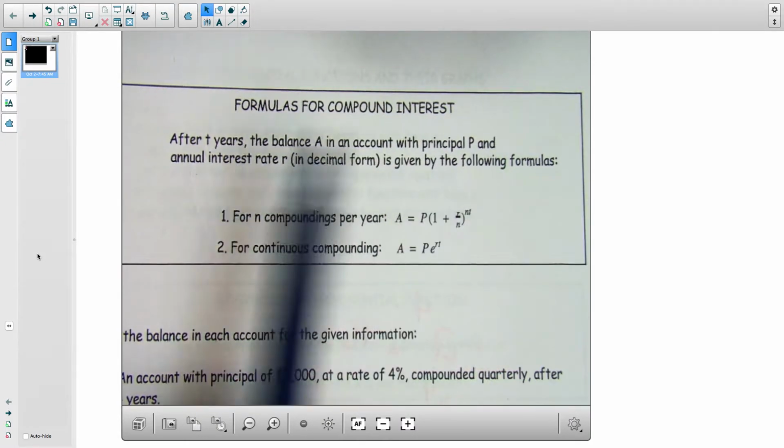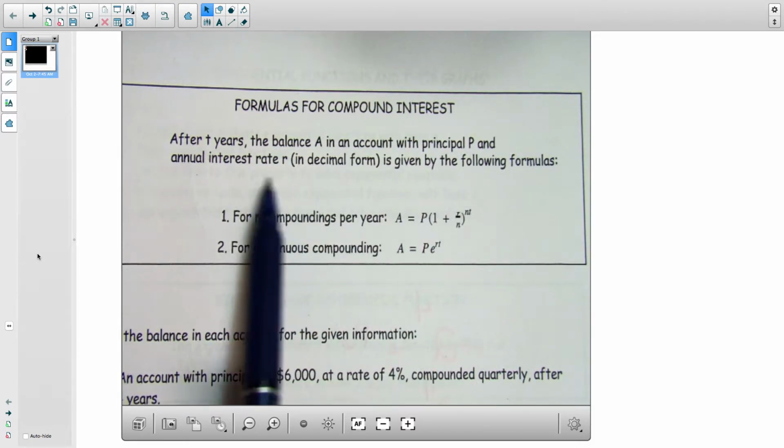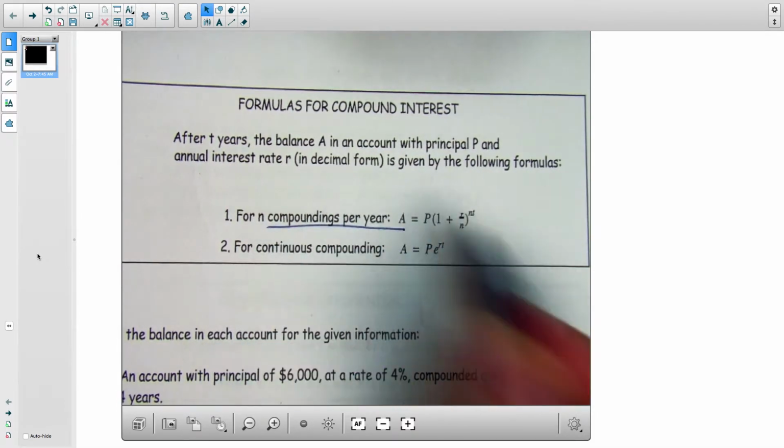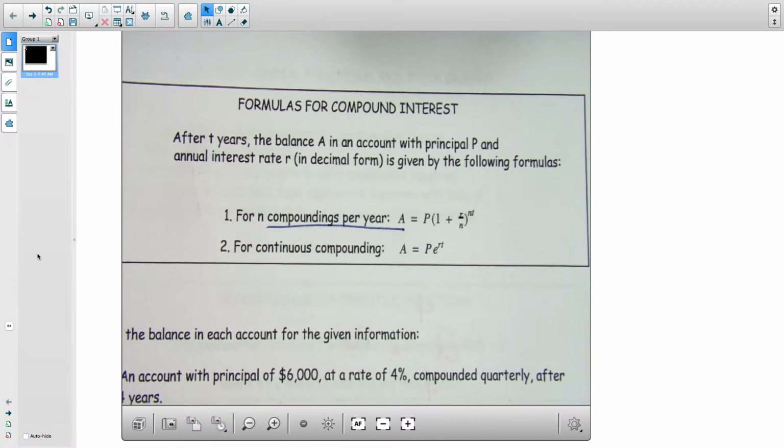They can compound annually, quarterly, monthly, or daily. If they compound your money quarterly, that means every 3 months they're going to add interest to your savings account. So my savings account has a whole $5 in it.